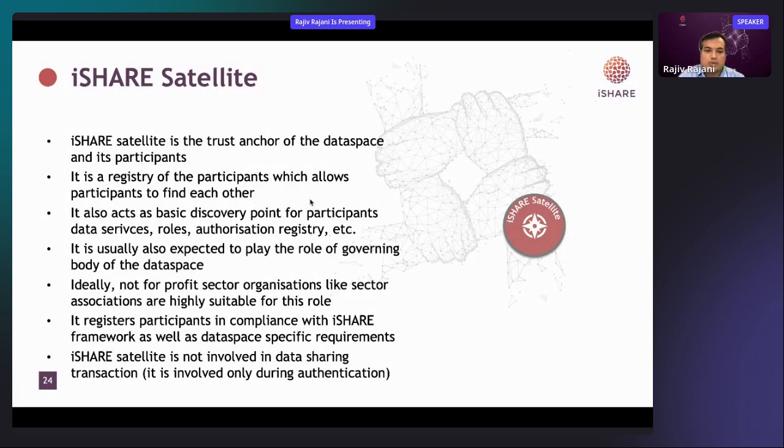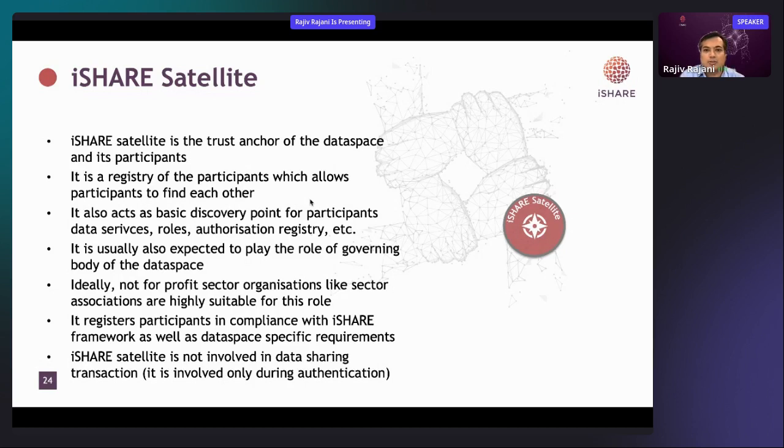iShare satellite is also usually expected to play the role of the governing body of the data space. More about it when we talk about data spaces and the governance around it. It registers participants, as I mentioned, who are in compliance with the iShare framework, so that you can trust the participants registered in the satellite, which establishes the trust in order to exchange data in the first place. And importantly, as I mentioned, the data exchange actually happens peer to peer.